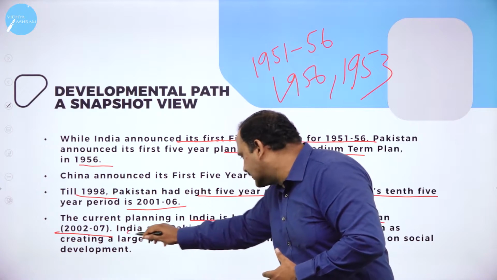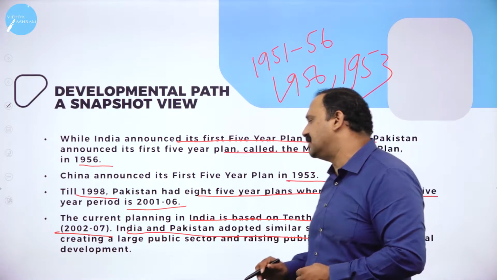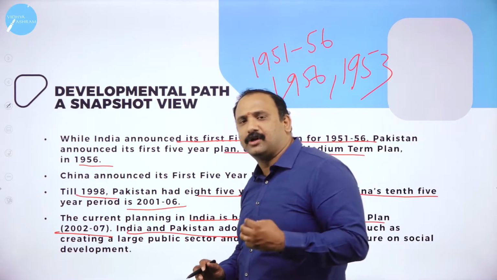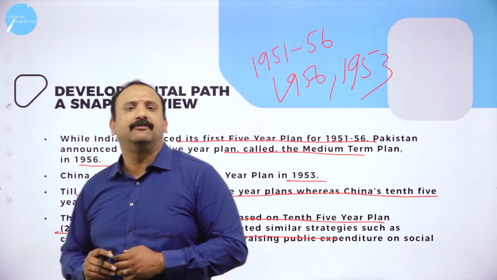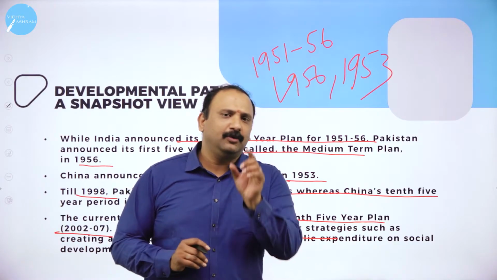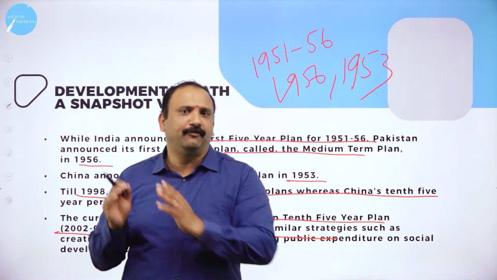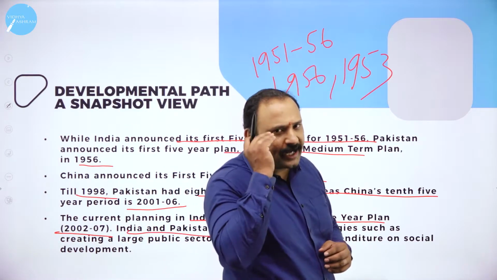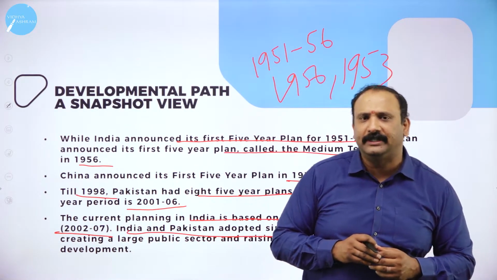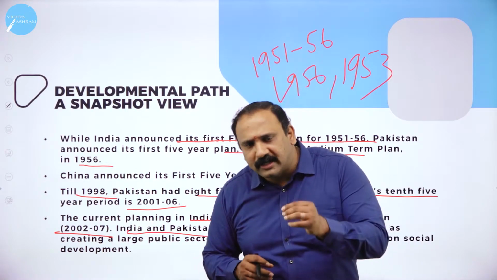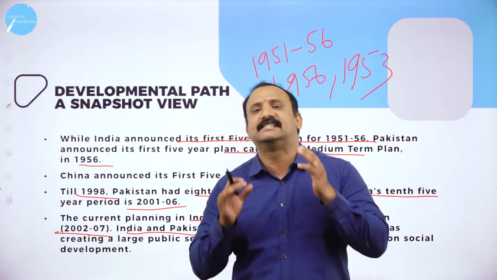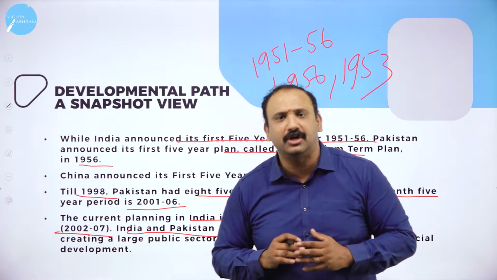India and Pakistan had adopted similar strategies such as developing the large public sector, raising a lot of importance and investment for the public sector. Now, if you start avoiding China for a moment and start comparing India and Pakistan, our ideology was the same. We wanted to see that both the countries had a similar kind of growth strategy altogether.